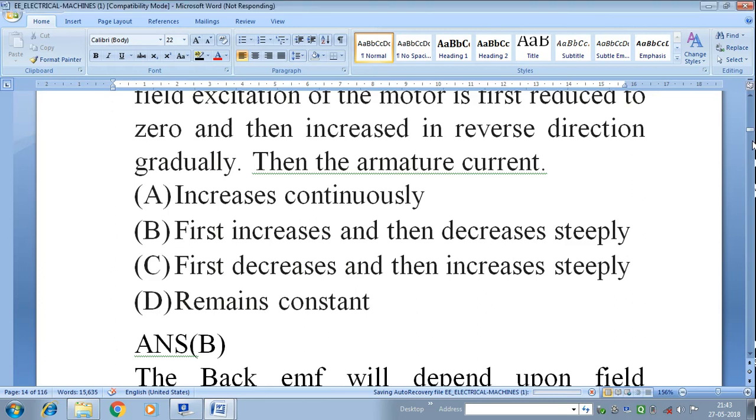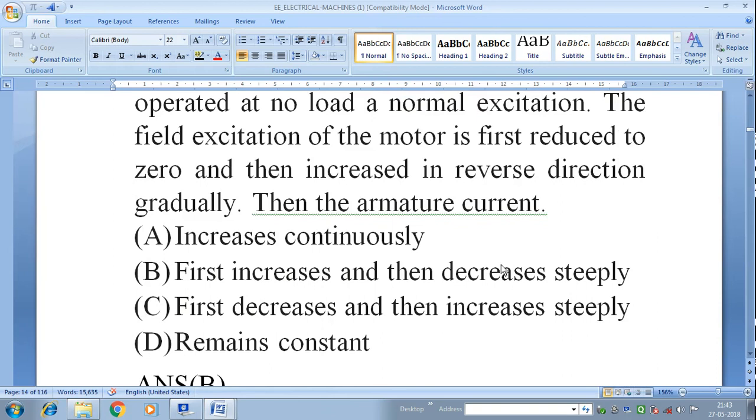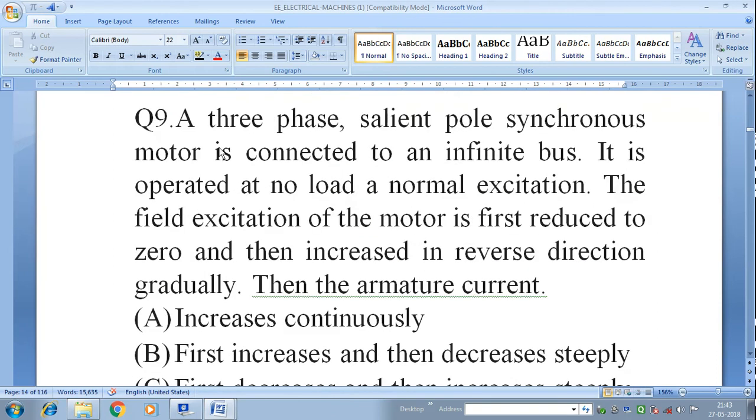Because this is a very simple question, you should understand this. We should analyze this question in this way. That is, see the synchronous motor. So it means the excitation remains constant. The field excitation of the motor is first reduced to zero.